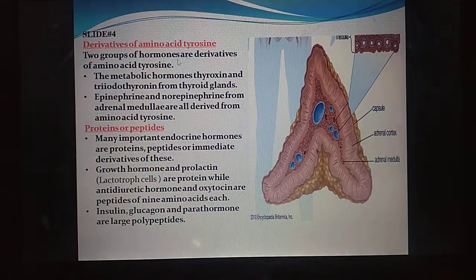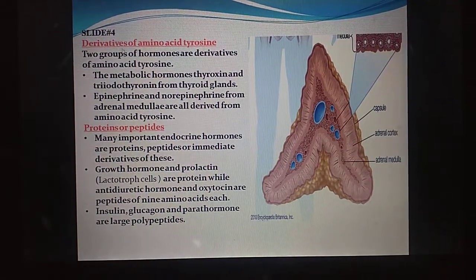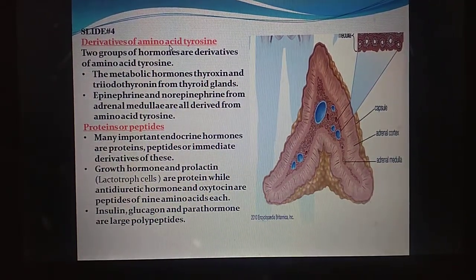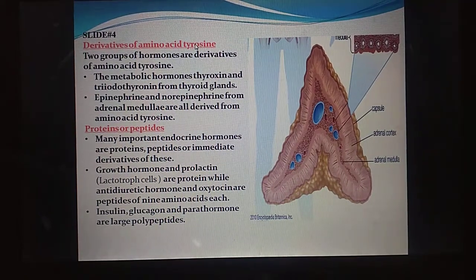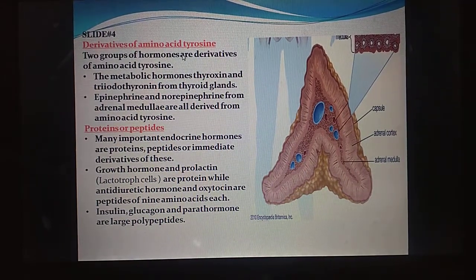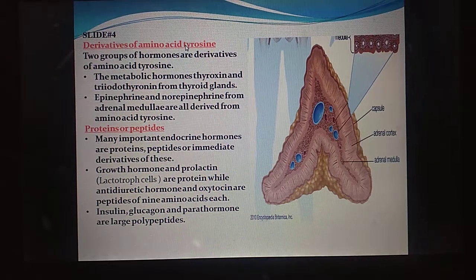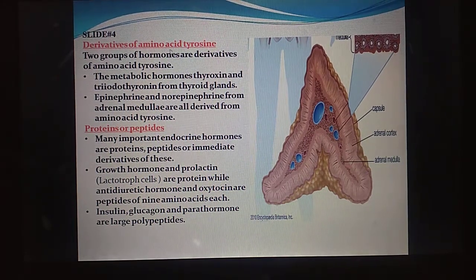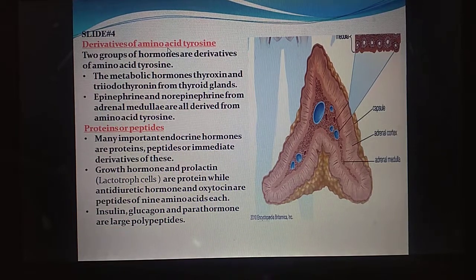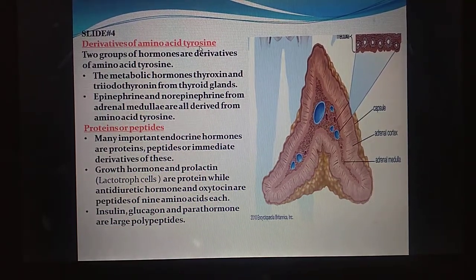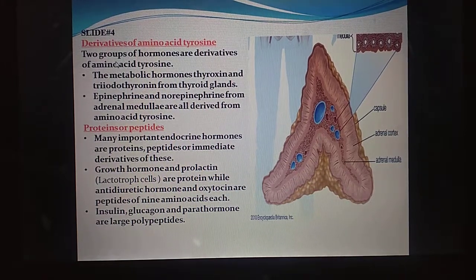Okay. Then the next category is derivatives of amino acid, tyrosine. We just discussed that some of the hormones may be derivatives of cholesterol, and some may be derivatives of amino acids. So let's see what are those hormones which are derivatives of amino acid, and over here especially tyrosine.